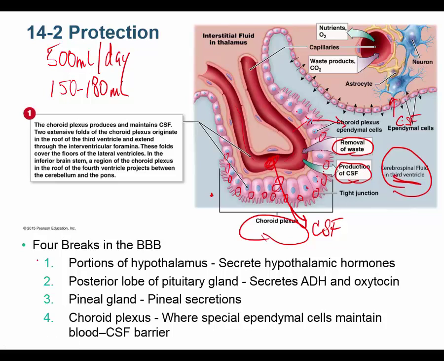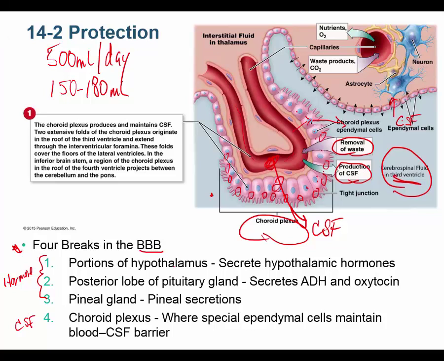All right. This right here is a list for you of the 4 main breaks in the blood-brain barrier. BBB stands for blood-brain barrier. First of all, 3 of them are because of hormonal production. These 3 are because of hormones. The last one is because of making CSF.